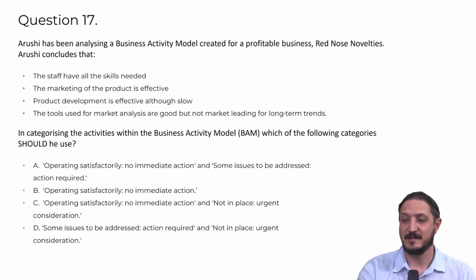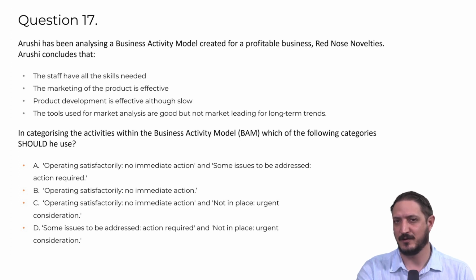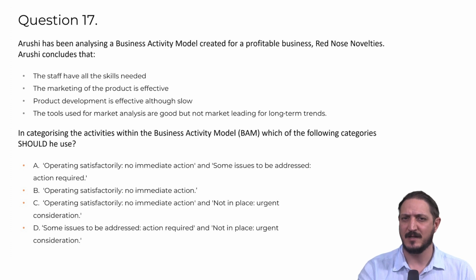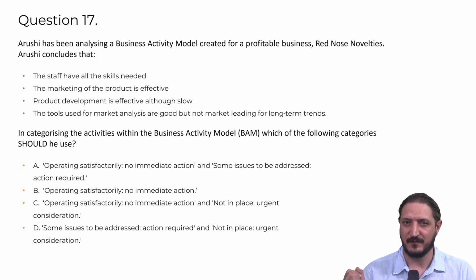So if it says product development is effective, although slow. So it's saying it's effective, it's good enough, but it's slow. So that means, do we need a huge amount of detail and action into that particular activity? No, we don't. There's just a few little issues and we just need some action. So that's on the 3rd statement.